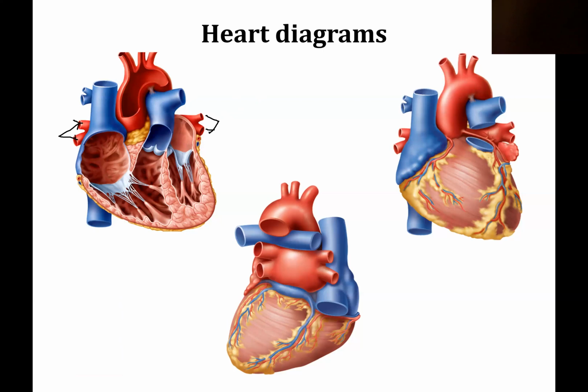So pulmonary veins are these red tubes coming back from the lungs. Sorry, the pulmonary veins empty into the left atrium, which is this chamber.